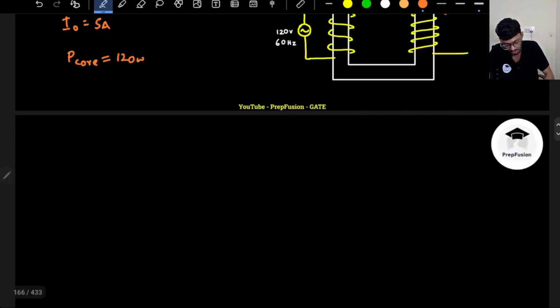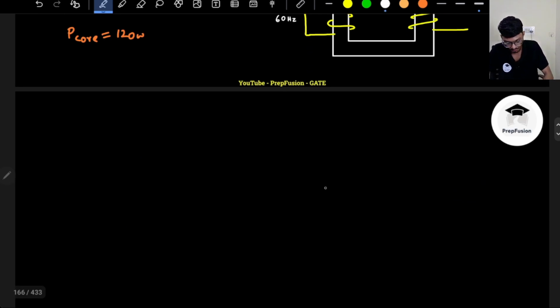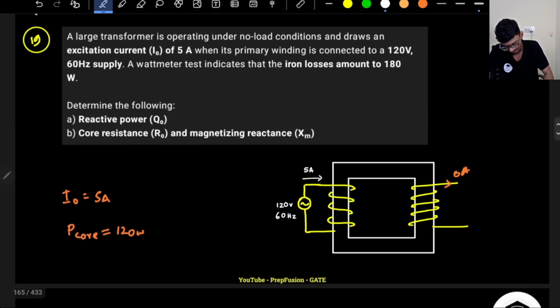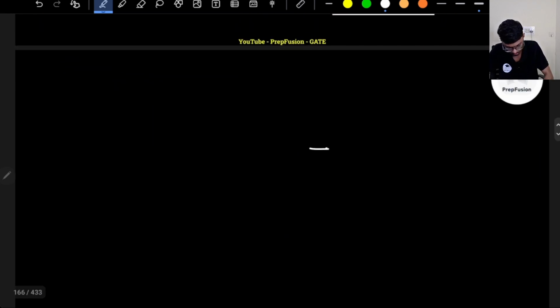Where does this actually happen? If you remember the model of the transformer, I had this model, right? If I neglect the winding resistance for now, the model was somewhat like this. This was my RM core resistance, and this is my jXM.